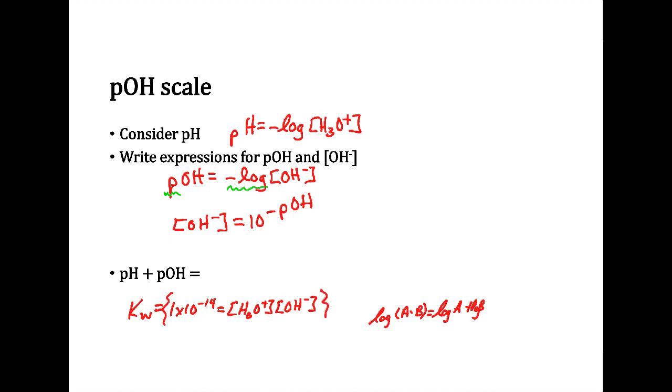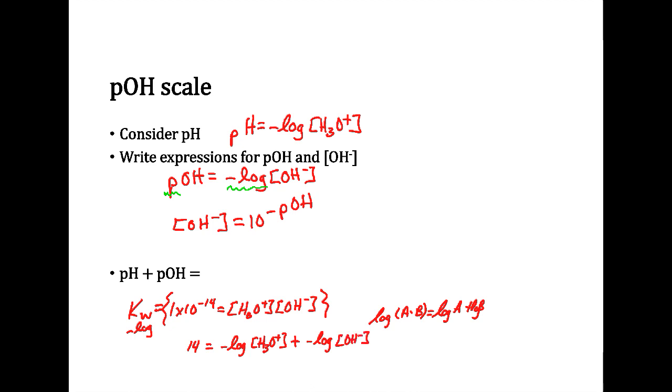So if we take the negative log of 1 times 10 to the negative 14th, we get 14 is equal to negative log of H3O plus, plus the negative log of OH minus.